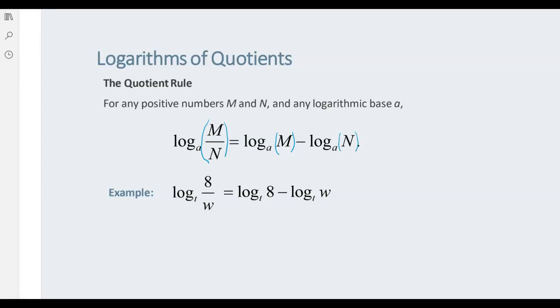This is really sort of an extension of multiplication, because if I have a quotient m over n, it's the same as m times 1 over n, or we can think of that as m times n to the negative first power, right? So here's an example. We had taking the log base t of 8 over w, and I split that up into two separate logs, the log of 8 minus the log of w.